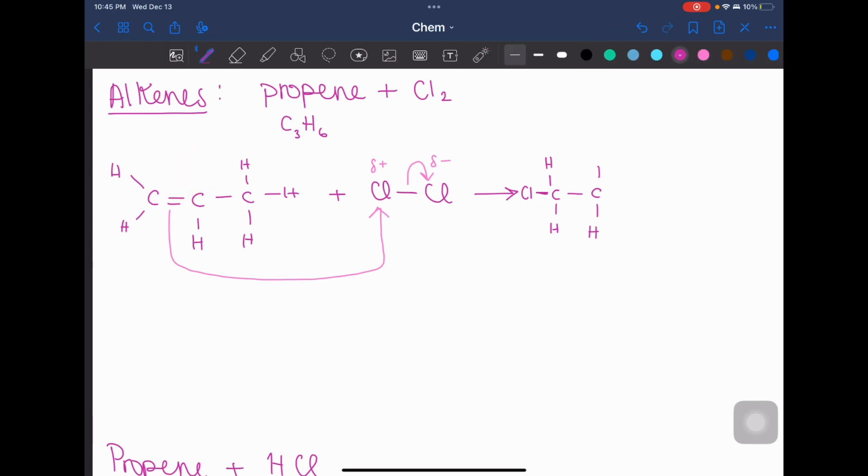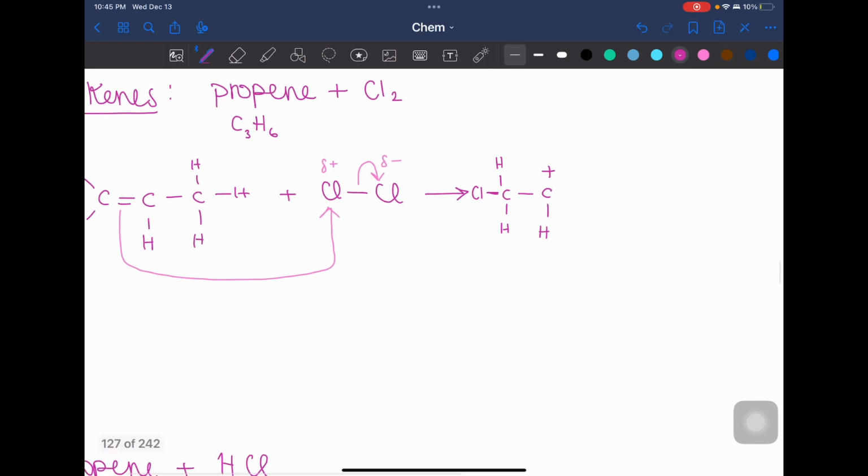So we're going to have a carbocation in the place of that extra unknown atom. And the rest of the molecule is going to stay the same. We're going to have C's and H's. But we're going to have a chloride ion, because remember, this chlorine over here took all our electrons. So now it's negatively charged.